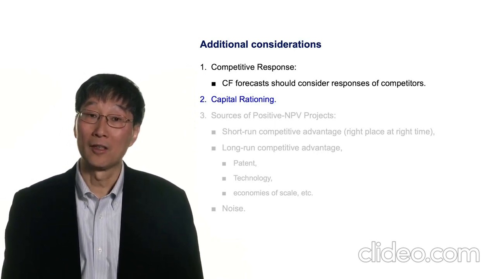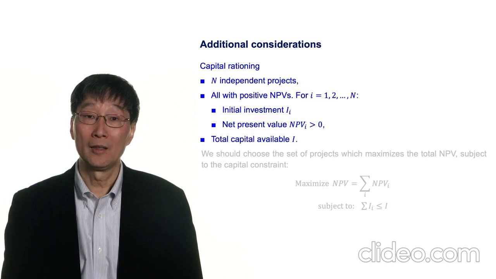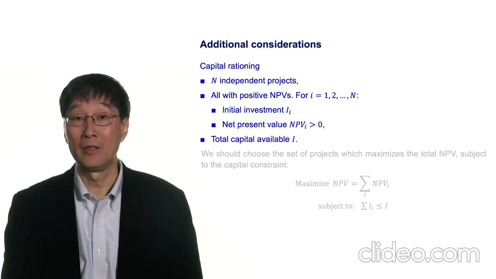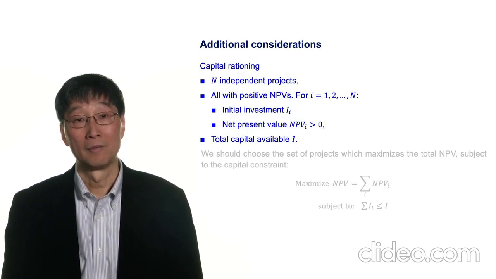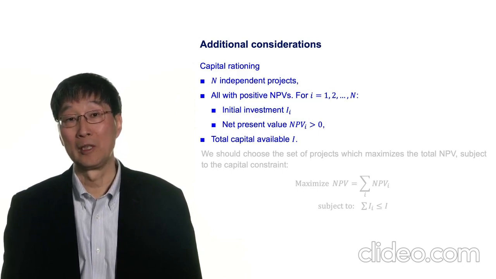The answer is fairly straightforward. Let's think this over. Suppose that we have n independent projects. They all have positive NPVs. For each project i, let its initial investment be I_i, and its NPV be NPV_i, which is assumed to be positive.